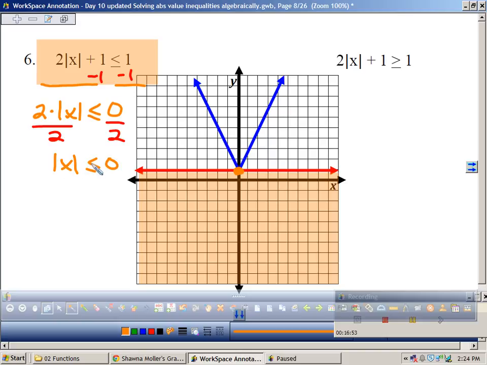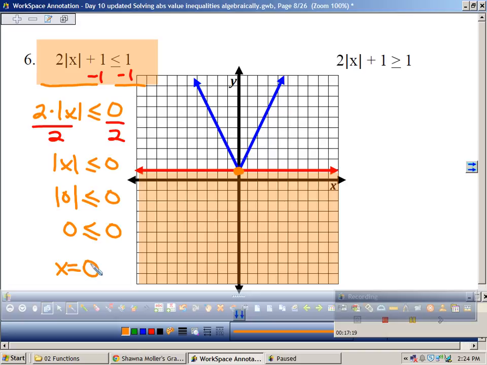Can any positive number be less than 0? No. No positive number can be smaller than 0, except for 0. 0 can be less than or equal to 0 because it says equal to. So the only solution to this is x can only be 0. Okay, it only has one solution.